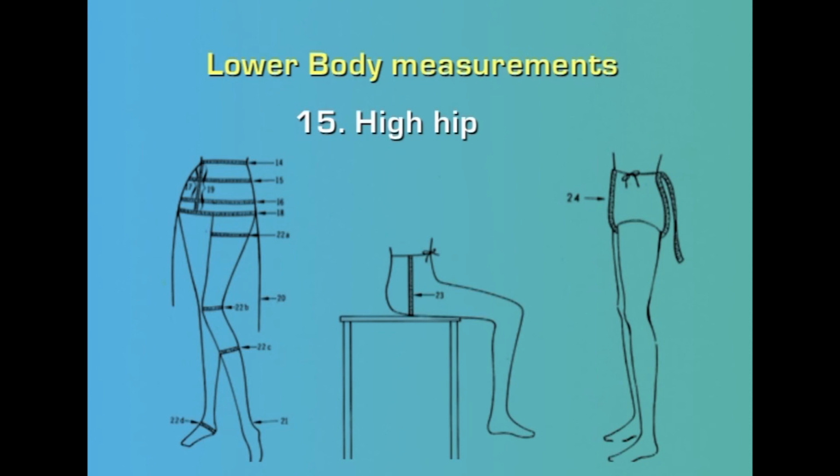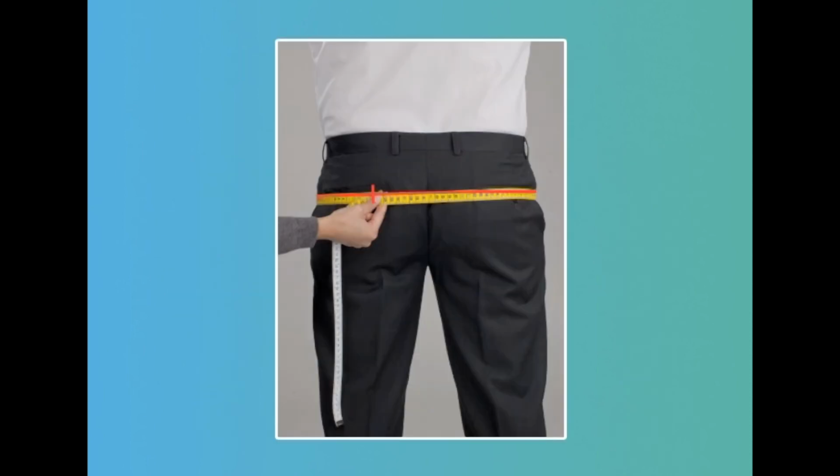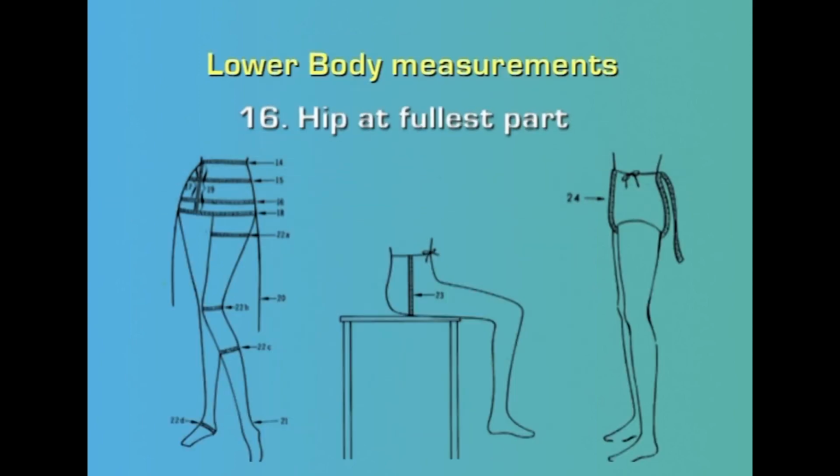High hip. Measure high hip circumference 3 inches below waistline tape. Keep tape parallel to the floor. Hip at fullest part.